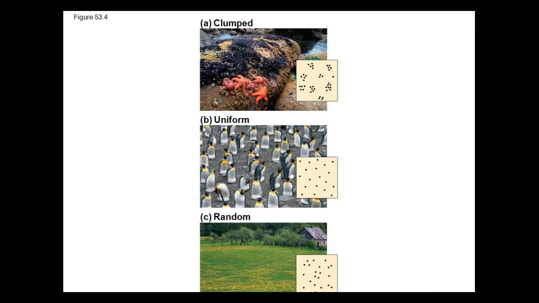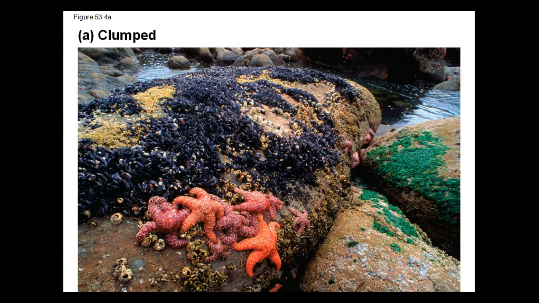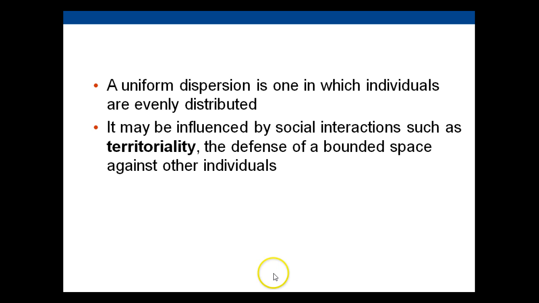clumped versus uniform or random distribution. I love the uniform distribution with all of those penguins. Here's a great clumped group of starfish, of course. This is an intertidal pool. Very interesting.